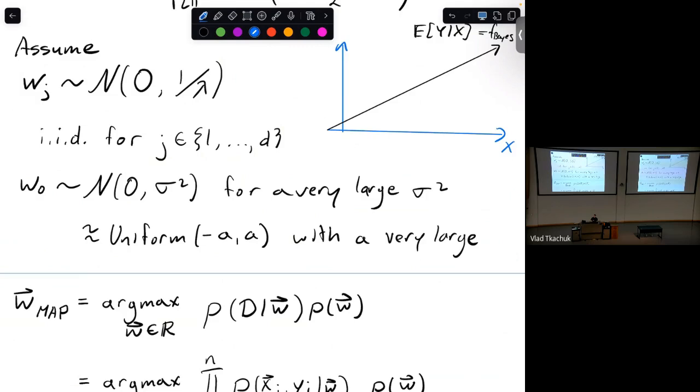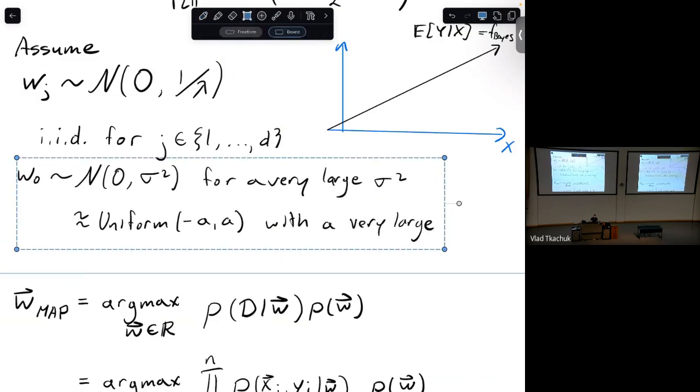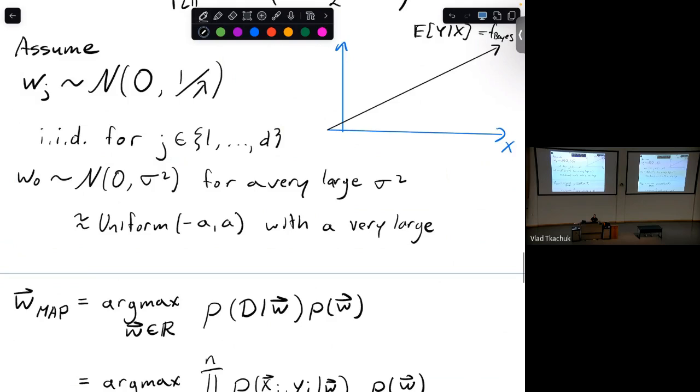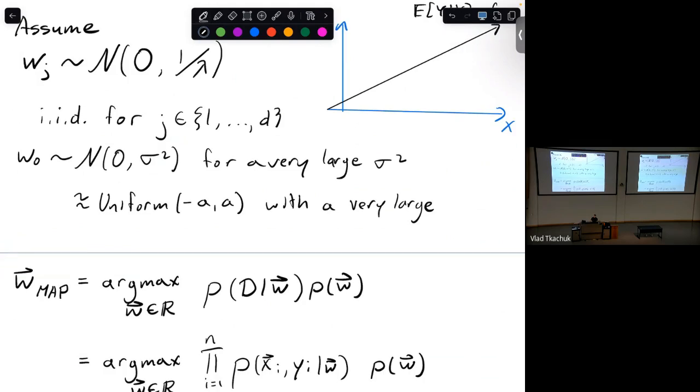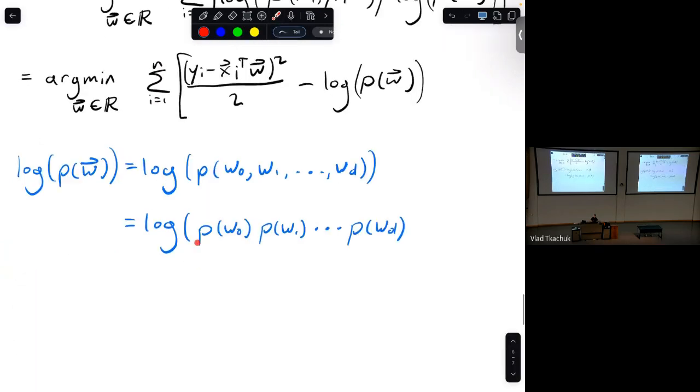And so the other assumption is that W naught is independent of Wj for j in 1 up to D. That independence allows this product structure.